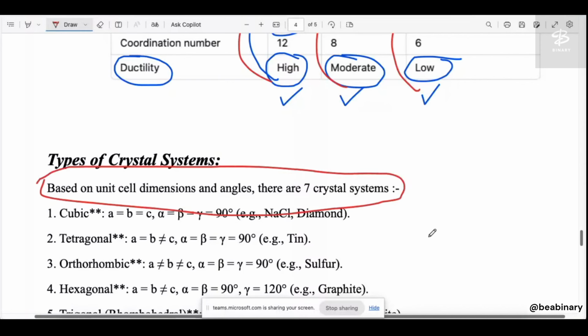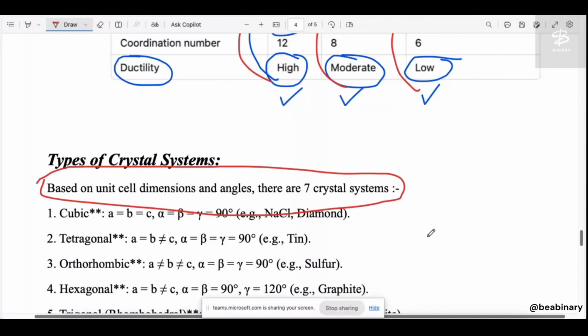And how that relates, I have already told you 3 things, basically 6 things. First A, B, C, and then alpha, beta, gamma. A, B, C you can say L, B, H. L means length, B is breadth, and C means height.